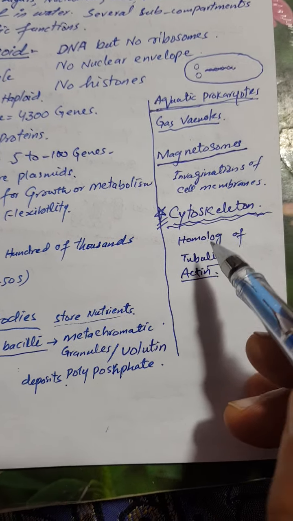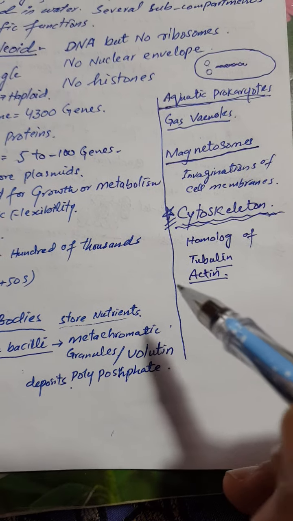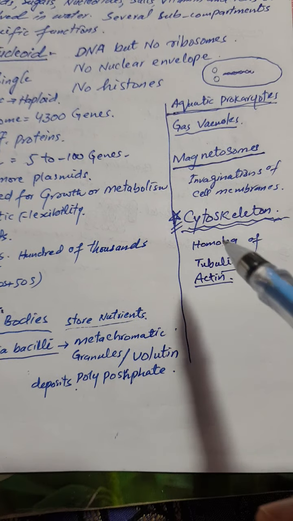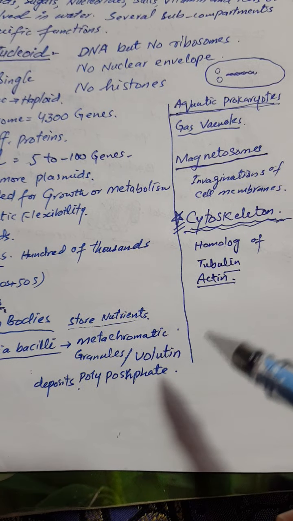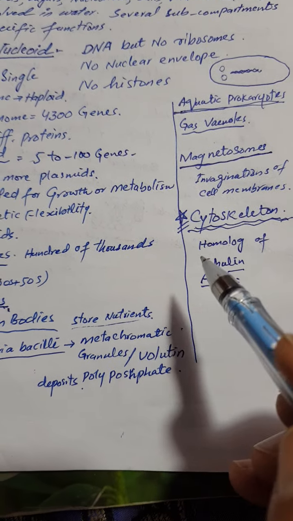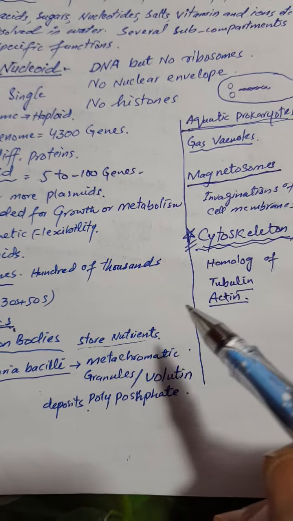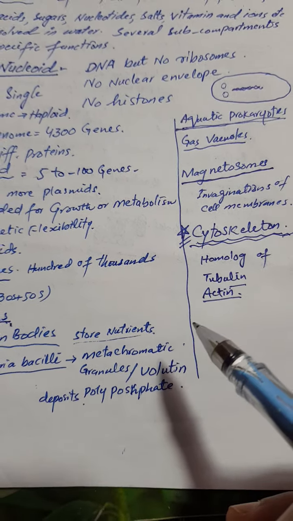So a cytoskeleton is also present in most prokaryotic cells, but it is not exactly in the condition found in the cytoskeleton of the eukaryotic cell. There are some protein molecules which can assemble and disassemble, just like the tubulin and actin protein of the eukaryotic cell.